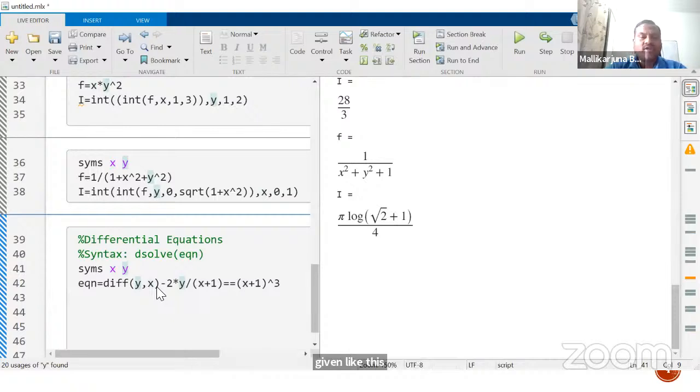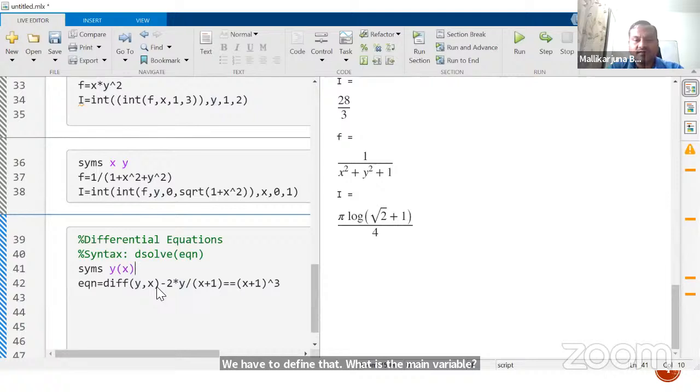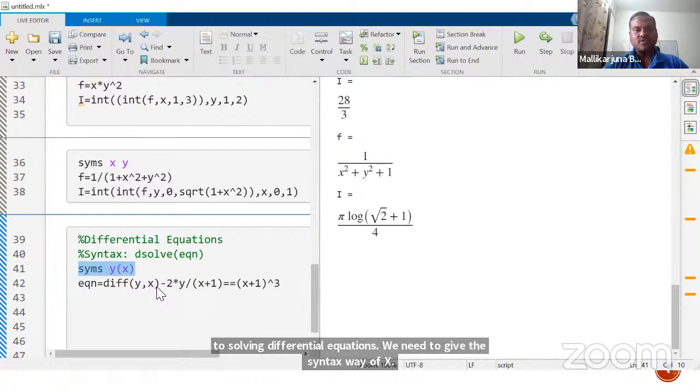No, we have to define the main variable and what it depends on. We are looking for the solution of the differential equation, which is y, and that y is in terms of x. So when solving differential equations, we need to give the syntax y of x as a symbol.